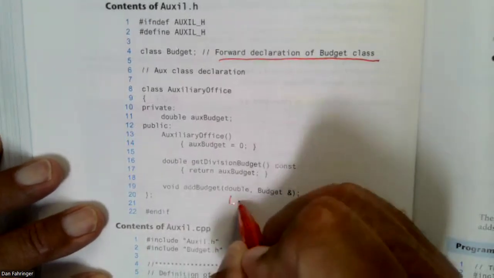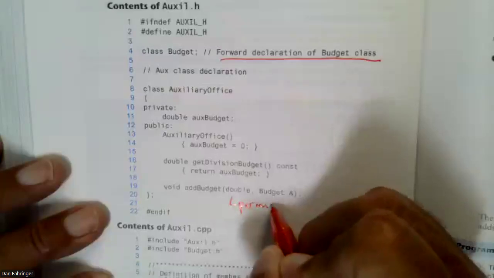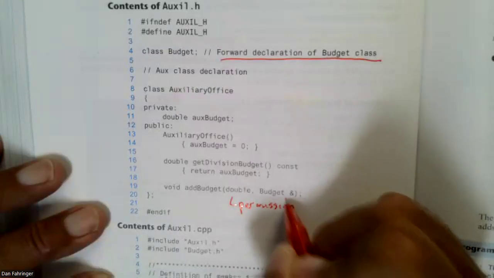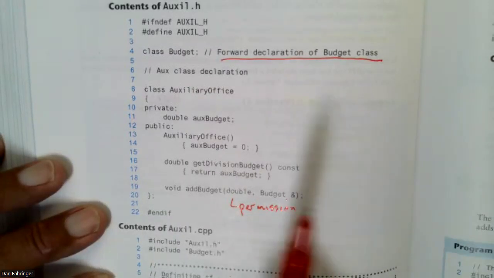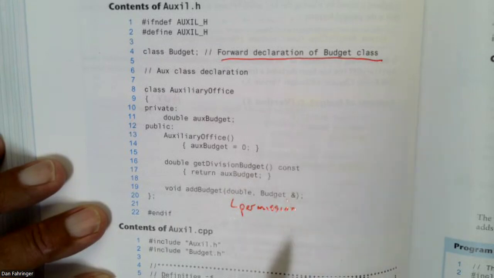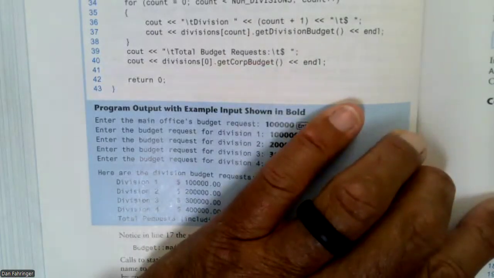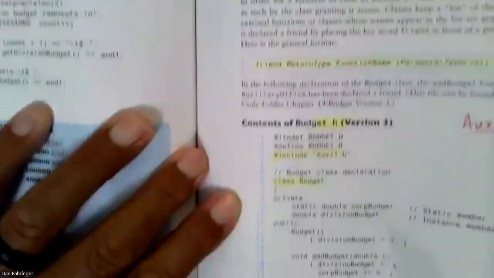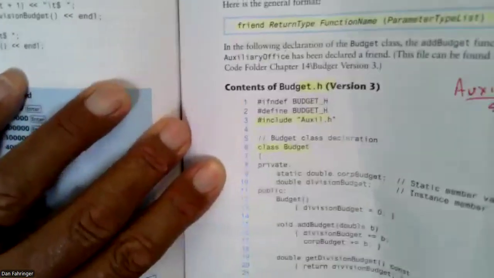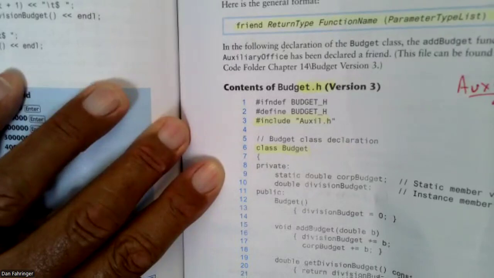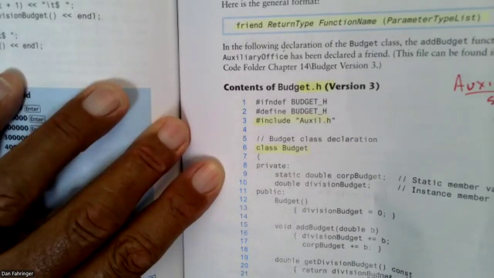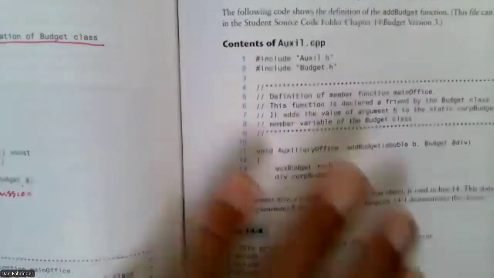This function add budget is the one that has permission. This one has permission to use budget's private member. It has permission to use, oh, you can't see it. I can see it over here. Budget's private member. Okay. So let's see.